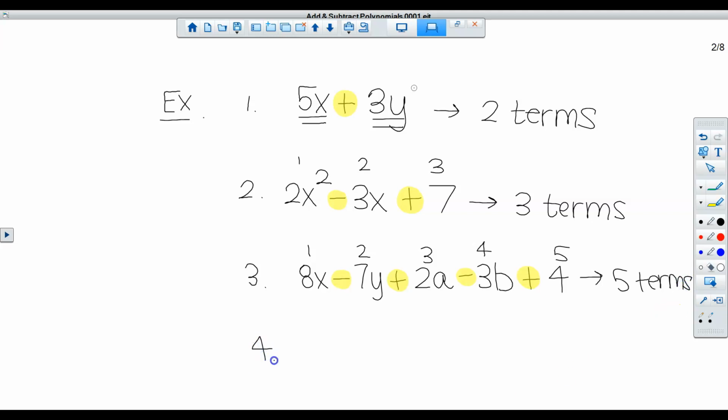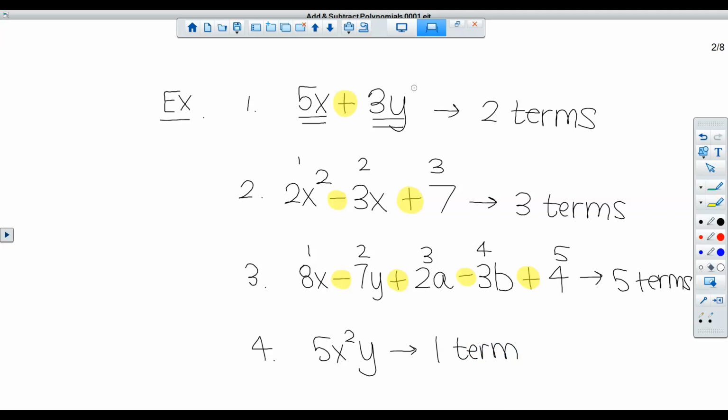Okay, and then we'll finish this off with something that might seem a little strange. Let's look at 5x squared y. Short and sweet. That is a polynomial. You'll notice this time, though, there are no plus or minus signs. So what that means is 5x squared y didn't get connected to anybody. So this would be just one term.